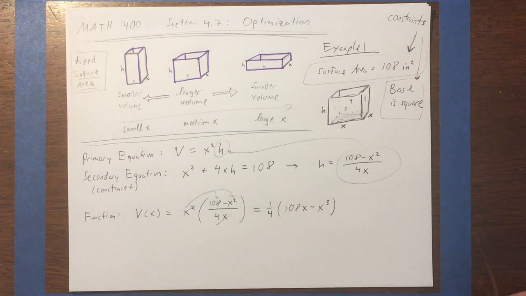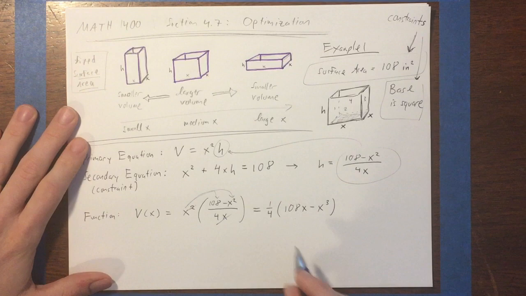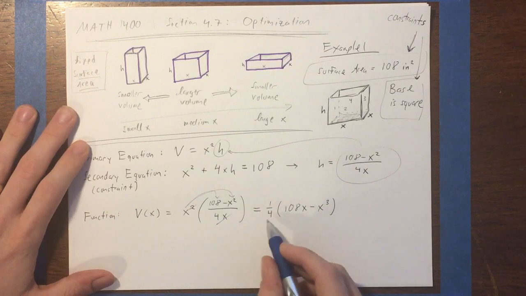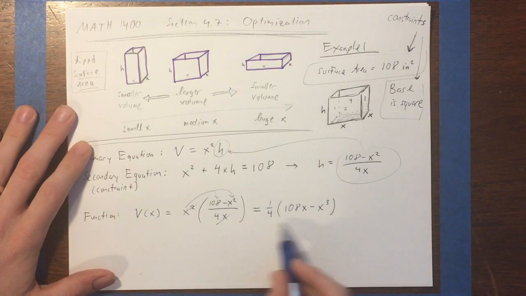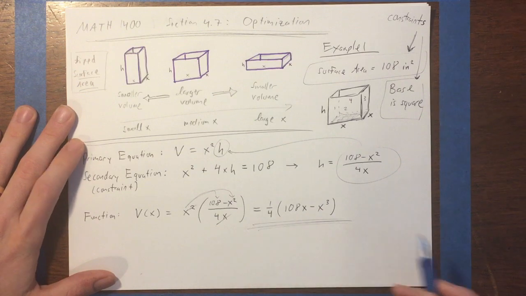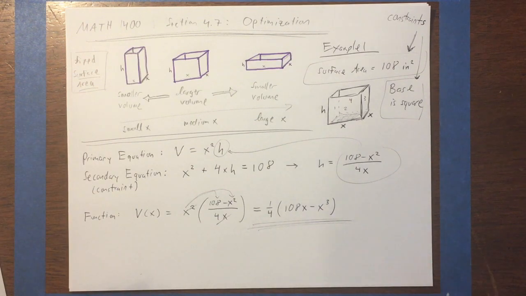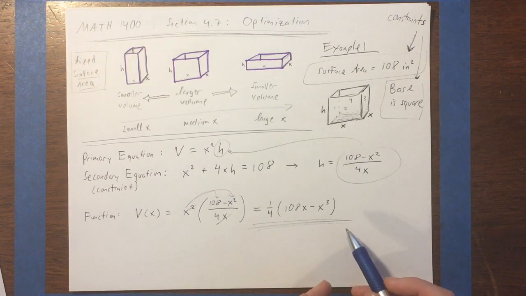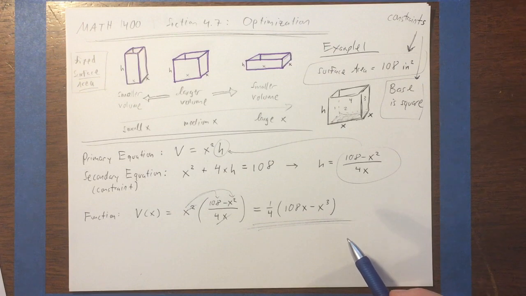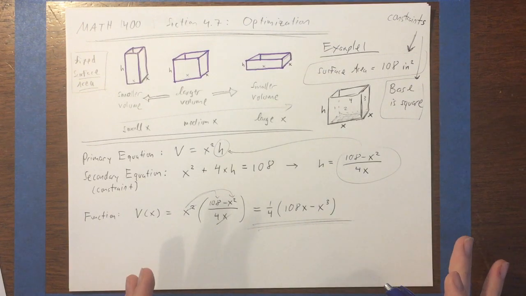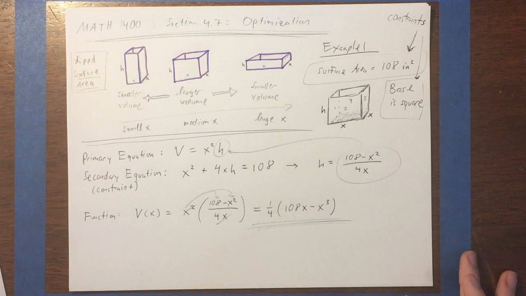Okay, so now before I go on, let's pause here, look at this function, V of x equals this here, and ask what's going to be the reasonable domain we should use for this function. This is a cubic polynomial function, which means that in theory, this function has a domain of all real numbers, right?